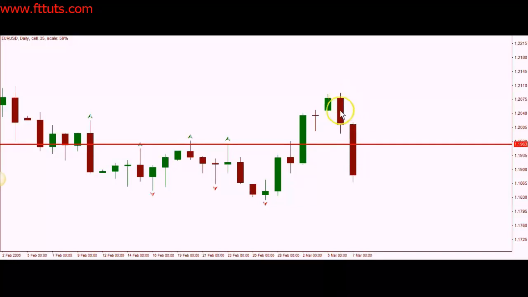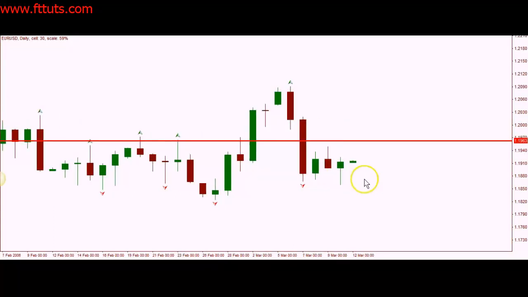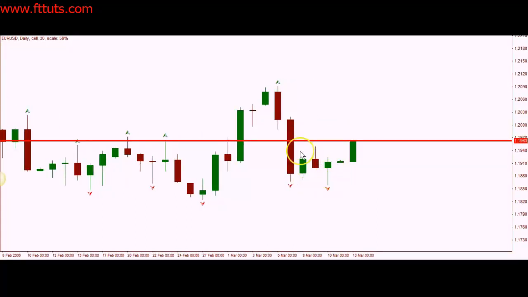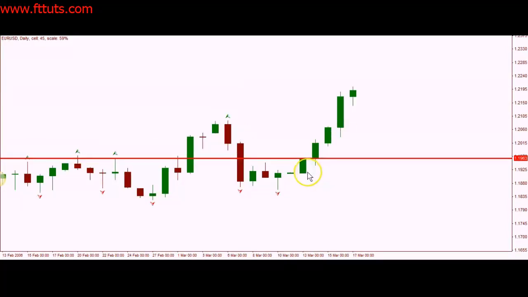Usually when you break support and resistance with a big, strong candle, that's an indication that the move is going to continue to the downside or to the upside, whichever way you broke. But here we didn't really continue much. Here there was a lot of indecision, and then finally it looked like the market tried to make a decision, and then we kind of broke higher.